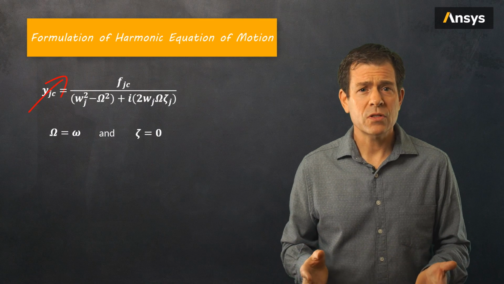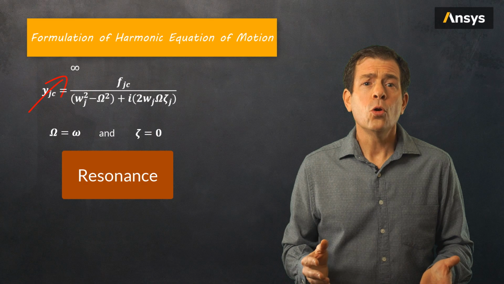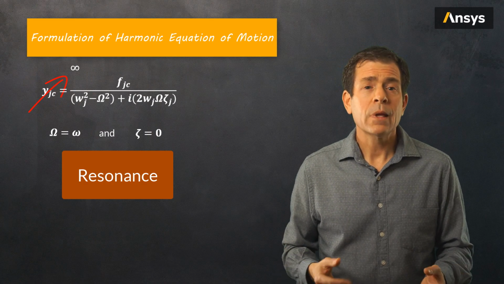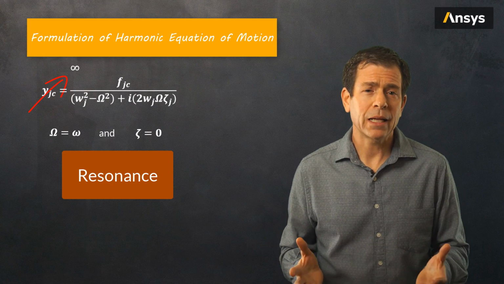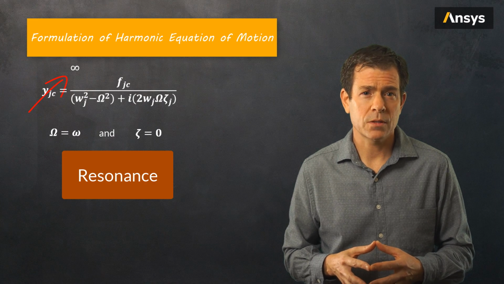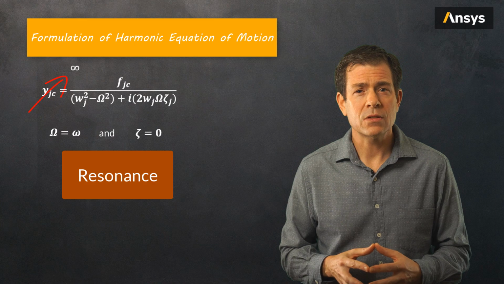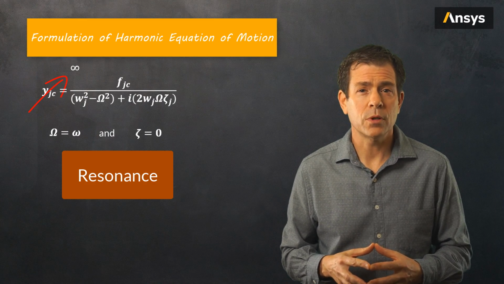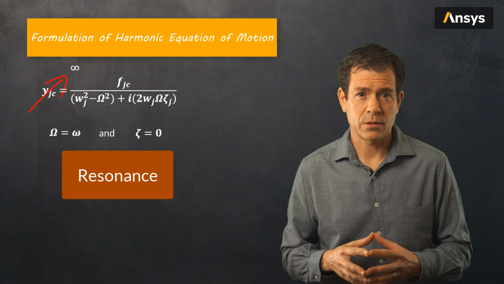Now in a physical system, exciting a structure at the natural frequency or resonance, when uppercase omega equals lowercase omega, this may happen, but there should always be some amount of damping in the mathematics to prevent predicting a non-physical infinite response. In addition, when exciting at the natural frequency or resonance, the phase angle of the response is 90 degrees from the input. We will discuss this in more details in the next section.